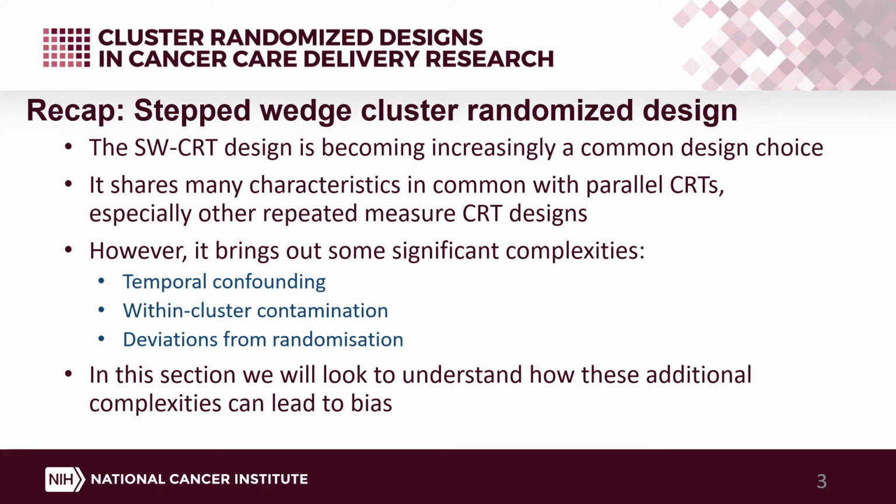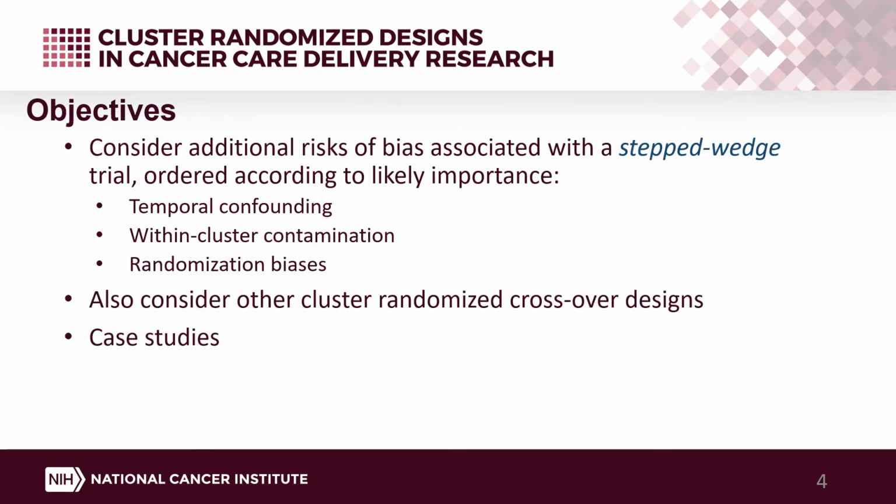And in this section, we're going to look to understand how these additional complexities can lead to bias. So our objectives here are to consider formally the additional risks of bias associated with a stepped wedge cluster randomized trial. And we're going to look at these in order of their likely importance.